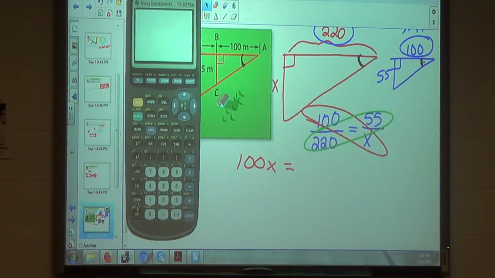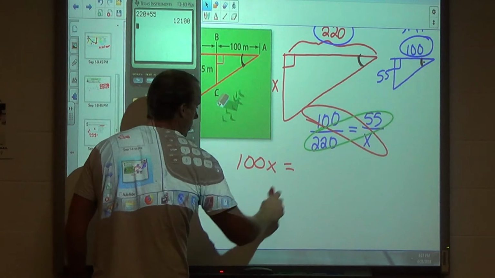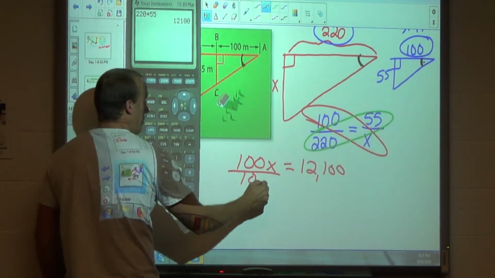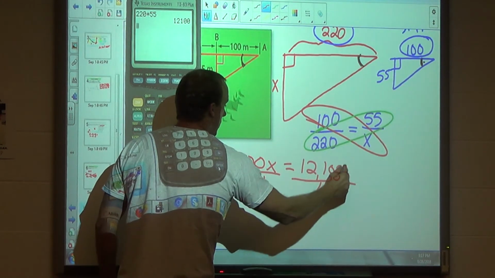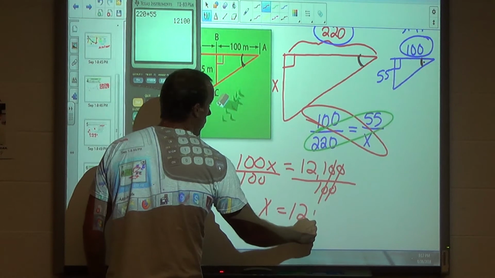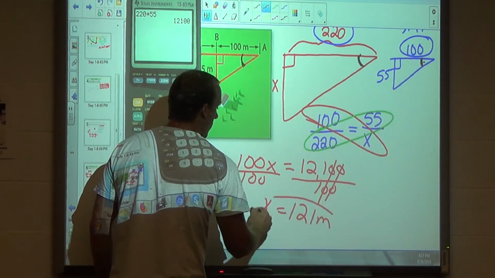Okay. And what do I get when you take 220 times 55? 121, sorry, 12,100. And then my final step to get x by itself would be divide by 100. So that means that x equals 121 meters.